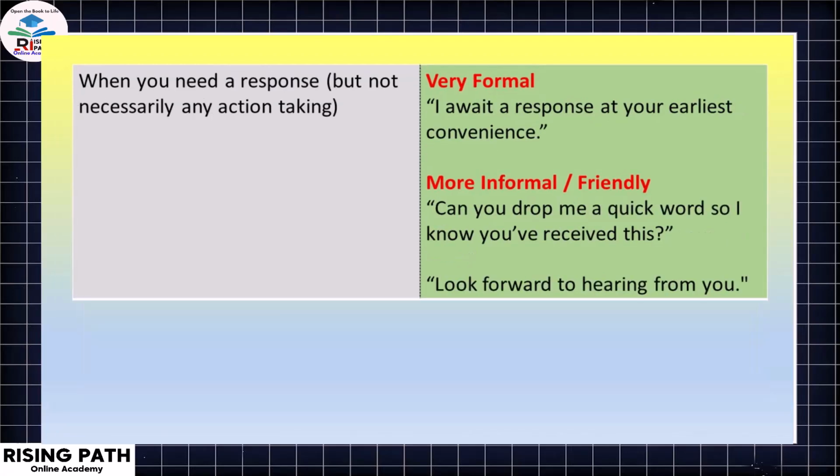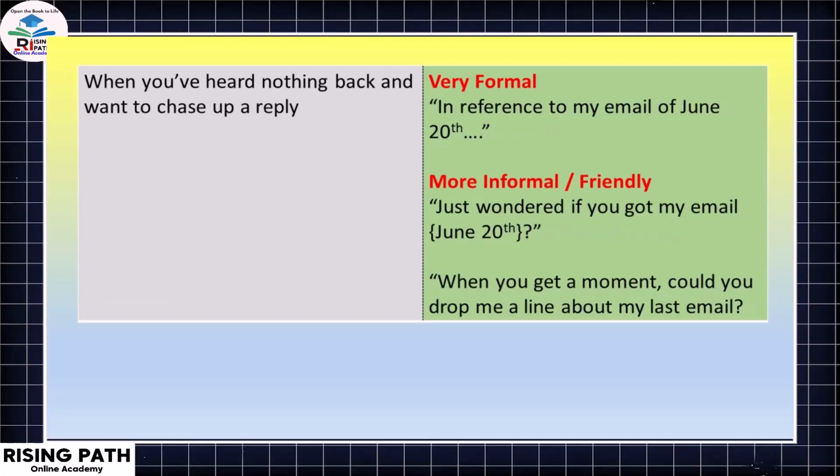So when you need a response but not necessarily an action taken, again very formal and informal, both sentences are given. And then when you've heard nothing back and want to chase up a reply, then again very formal and then informal. So you have to be very careful.